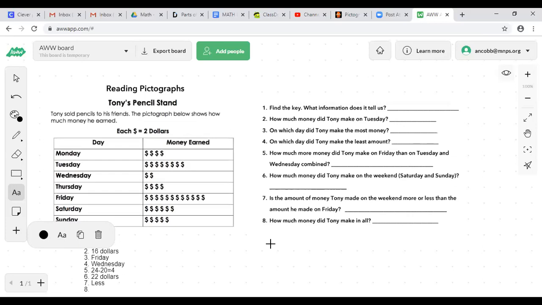Number 8, how much money did Tony make in all? So that means we have to add all of the dollar signs together.